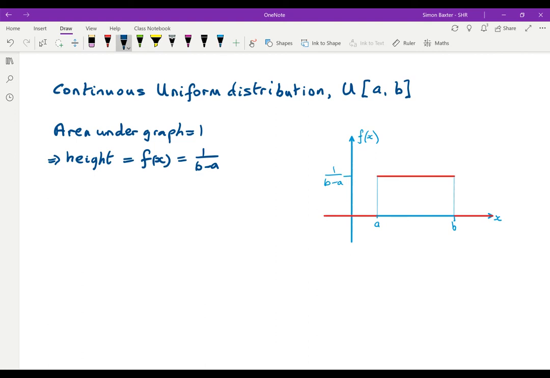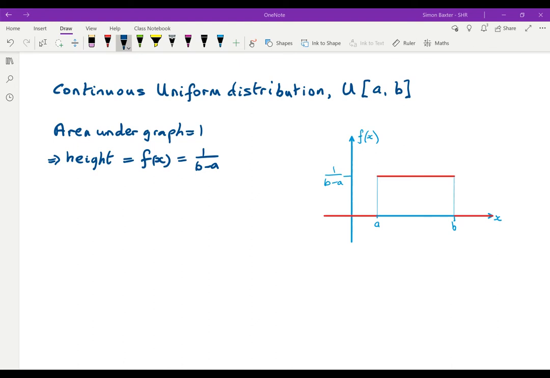What about the mean? What can we say about the mean of this probability density function? Well, I hope you've all spotted that because of the symmetry, the mean must be in the middle.